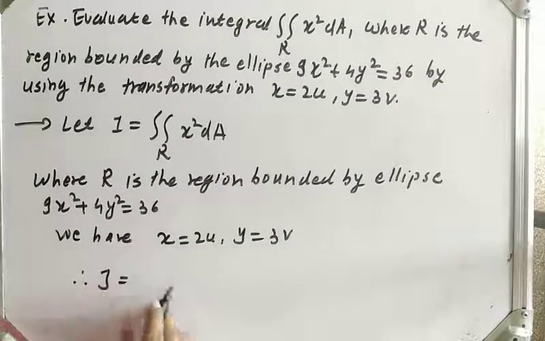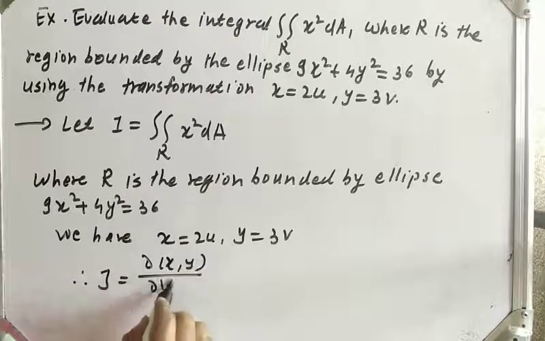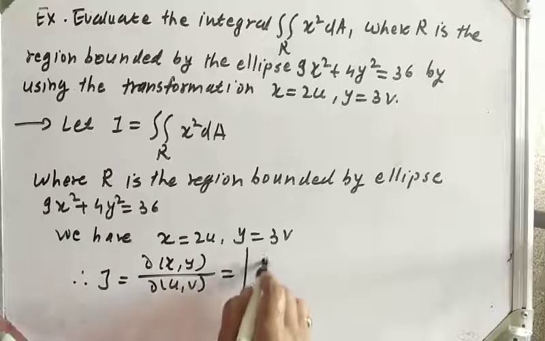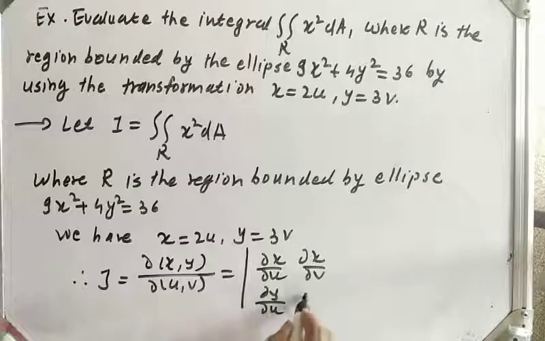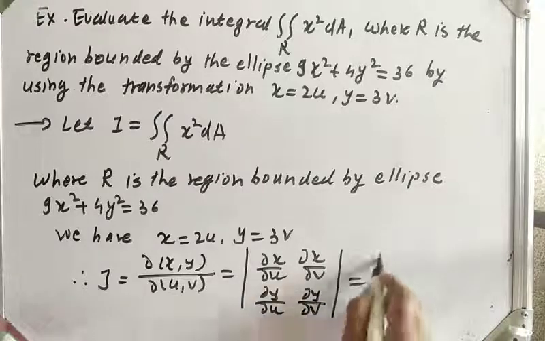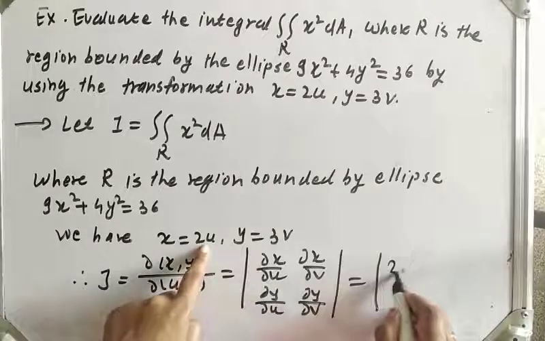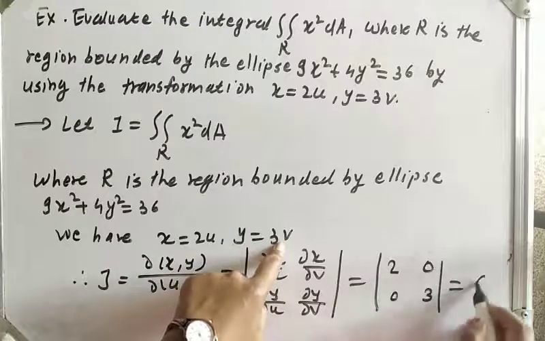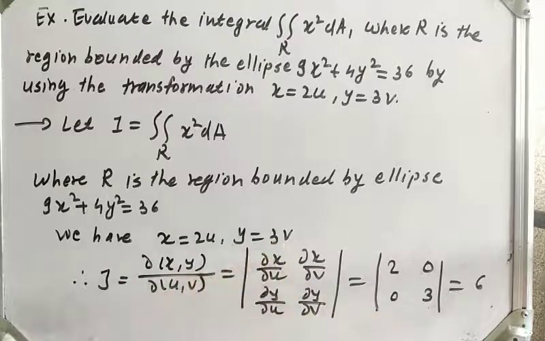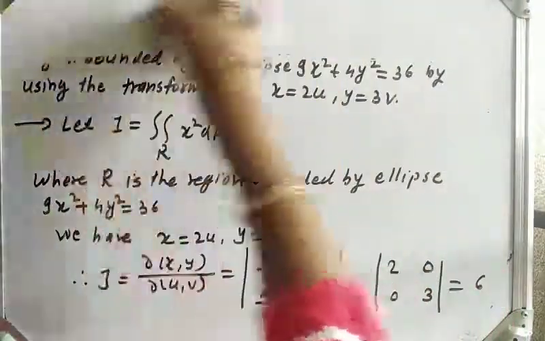From this we can find the Jacobian. Therefore J is equal to partial of (x,y) upon partial of (u,v), which is the determinant of partial x by partial u, partial x by partial v, partial y by partial u, partial y by partial v. The partial derivative of x with respect to u is 2, with respect to v is 0. The derivative of y with respect to u is 0, with respect to v is 3. So our determinant is 6. Jacobian is 6. Therefore our I will be, what will be I?